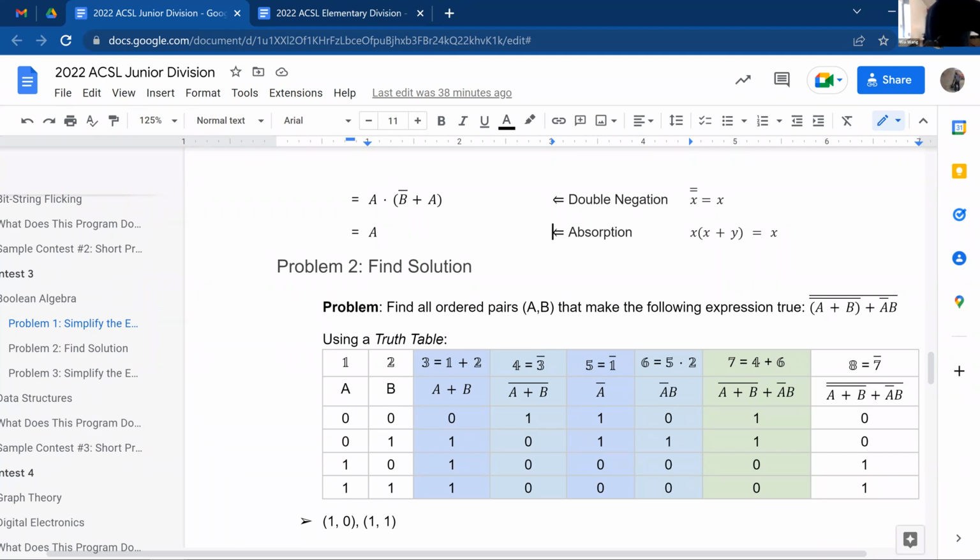Let's say this column is not A. Not A means you take A and you flip the bit. So if A is 0, it becomes 1, and 1 becomes 0, right?